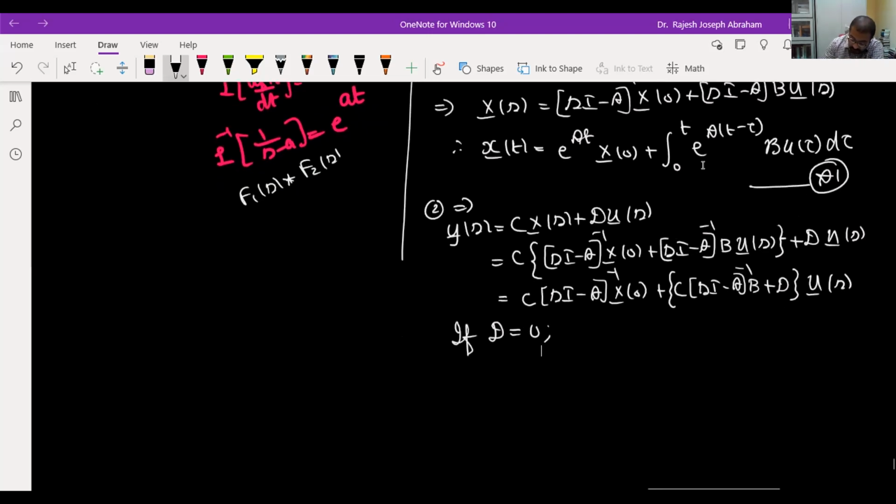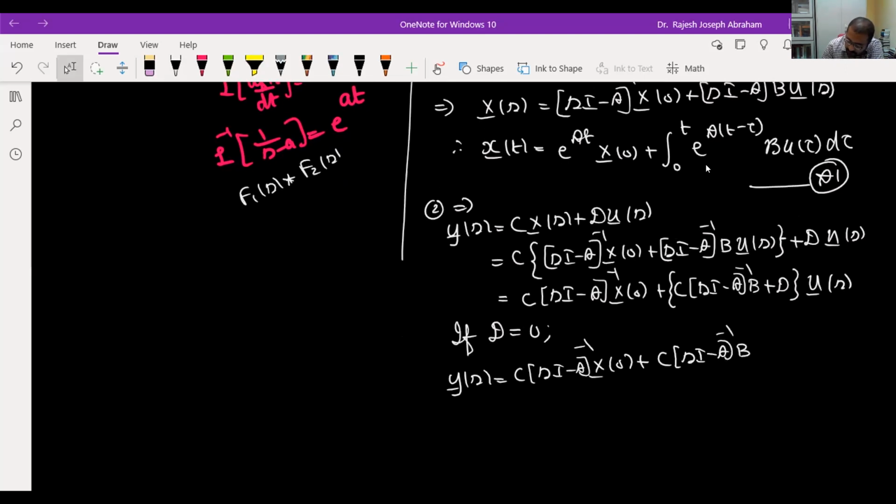So if d is equal to 0, what is y of s? Y of s will be C into (sI minus A) inverse x naught plus C into (sI minus A) inverse B into u of s. So what is y of t?